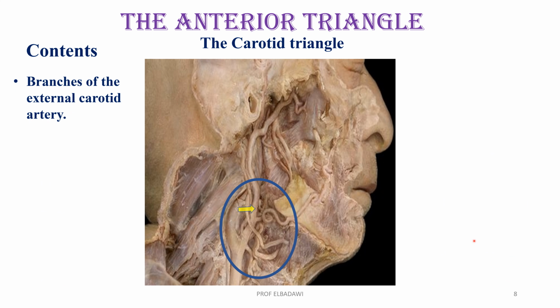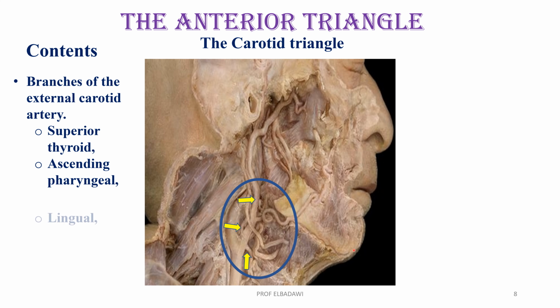The branches of the external carotid in that triangle are five. Superior thyroid, that is the superior thyroid artery to the thyroid gland. Ascending pharyngeal, lingual, the famous loop of the lingual is seen over here crossed by the hypoglossal nerve. The facial, the tortuous part of it, and the occipital artery.